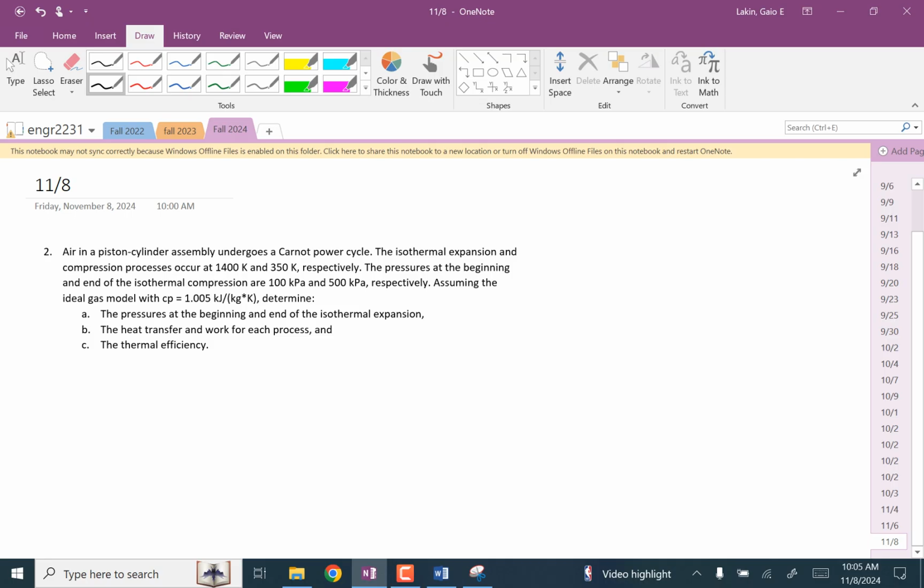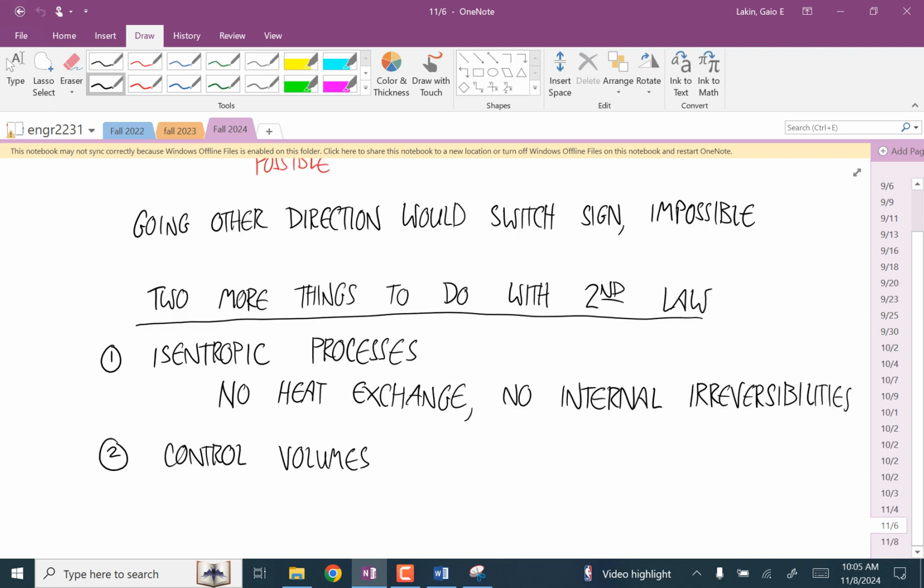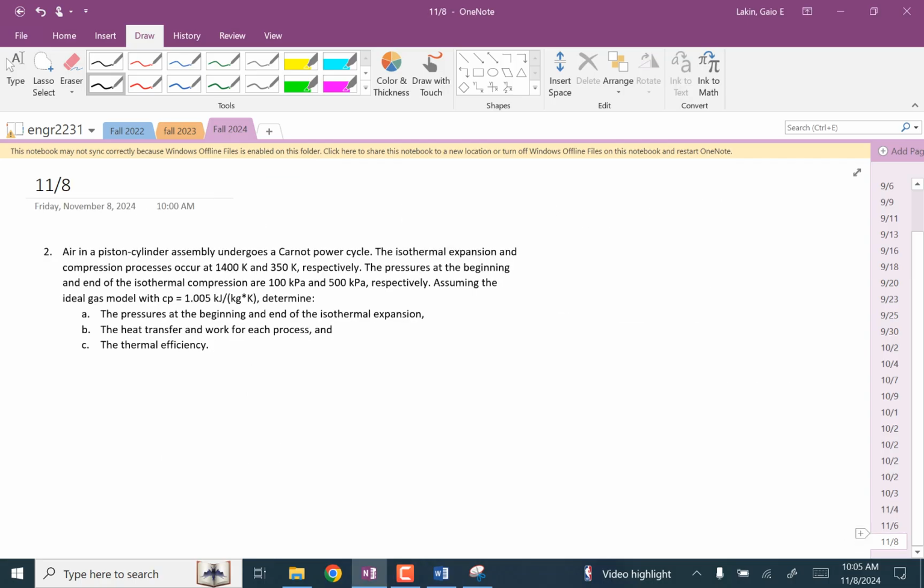Okay, so it tells you it's isothermal. One thing that you'd probably have to know here, and if you didn't know this, I apologize, is that a Carnot power cycle is an idealized cycle that's internally reversible.